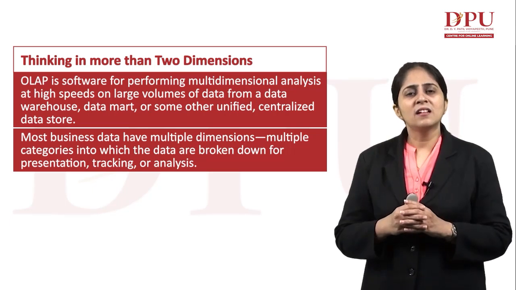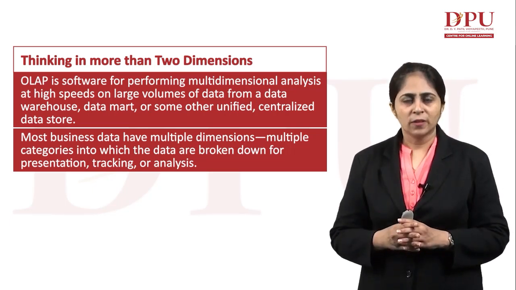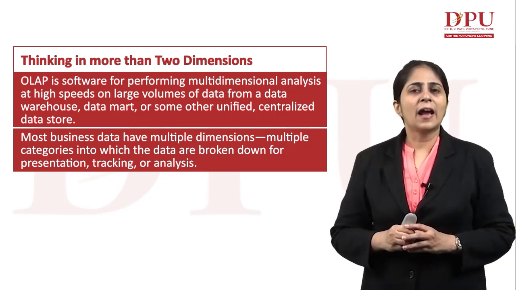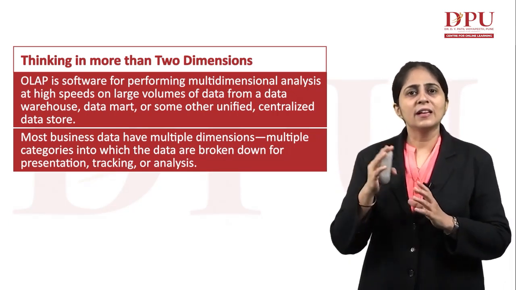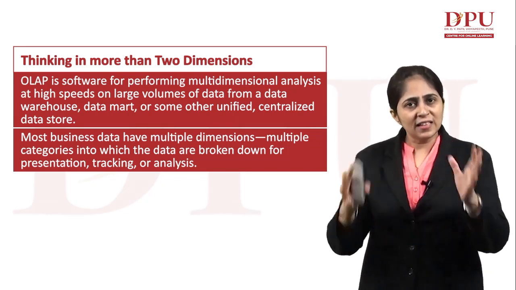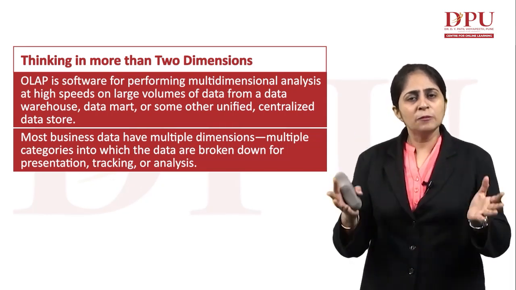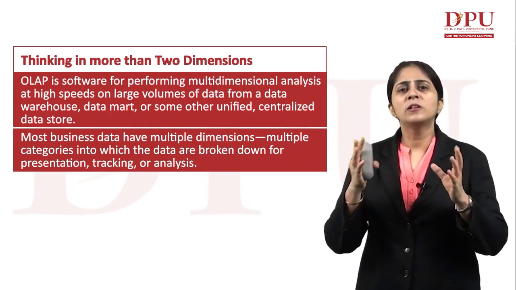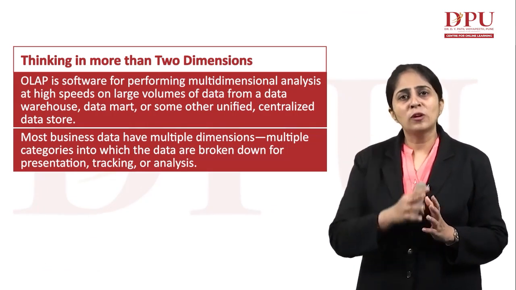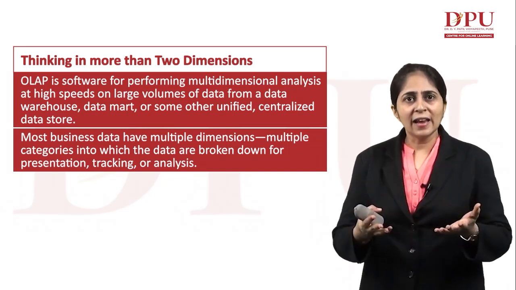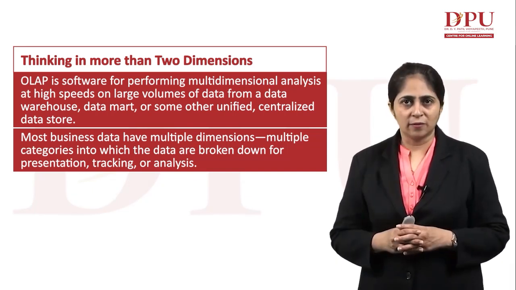We can analyze the sales according to the region, which country the data belongs to, which state, which province or which particular store. So there are different dimensions related to location that we can analyze for a sales figure.